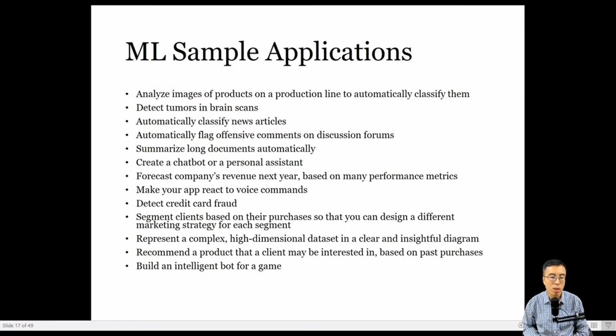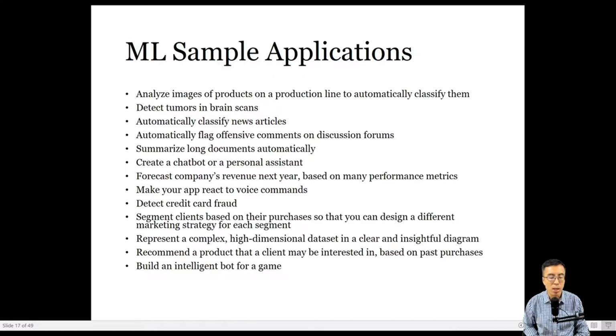Machine learning models are also used to segment clients based on their purchases, so you can design a different marketing strategy for each segment. And also used to represent sometimes complex, high-dimensional data sets in a clear and insightful diagram.